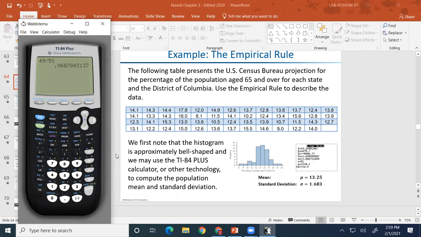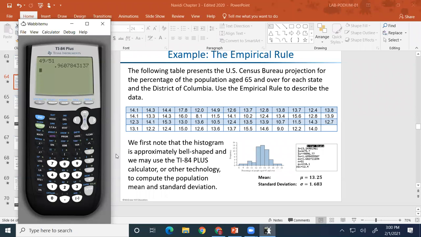As I said, it's never going to be exact, but 96%, because this one was out, that one was out, and the 13.8.